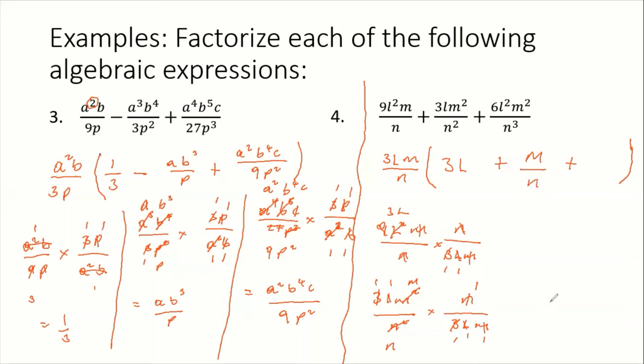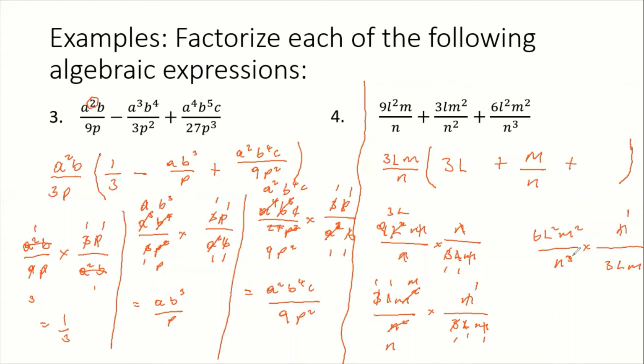And to get our last term, it's the same idea. So it's going to take the last term there, which is 6L squared M squared over N to the third power times the inverse of the highest common factor, which is just N all over 3LM. So M into M, that's 1. N into N, sorry, that's 1.